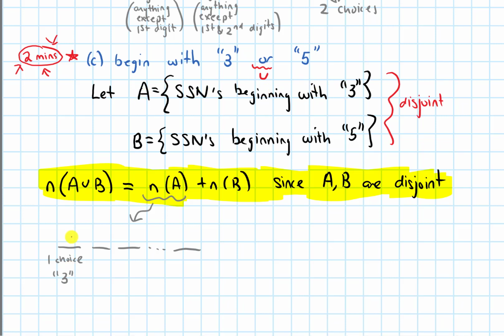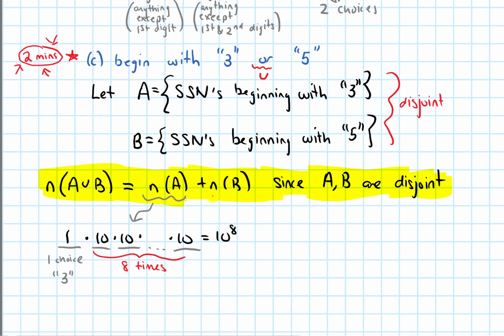So let's put a 1 there, because we only have one choice for what digit to put there. But for all the other spots, we will have 10 choices. 10, 10, 10 in all of those spots. In all of these remaining 8 spots, so 8 times, we will put the number 10 in. And multiplying this out, we get 10 to the 8.